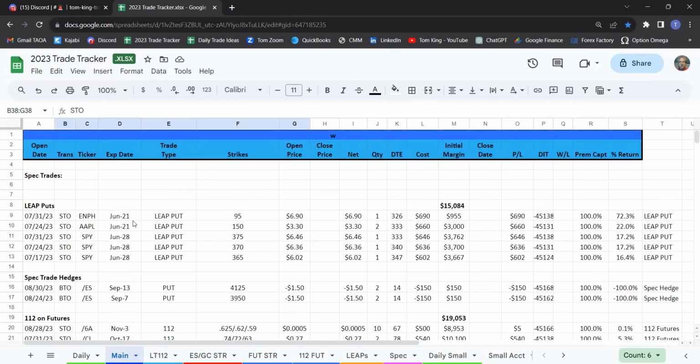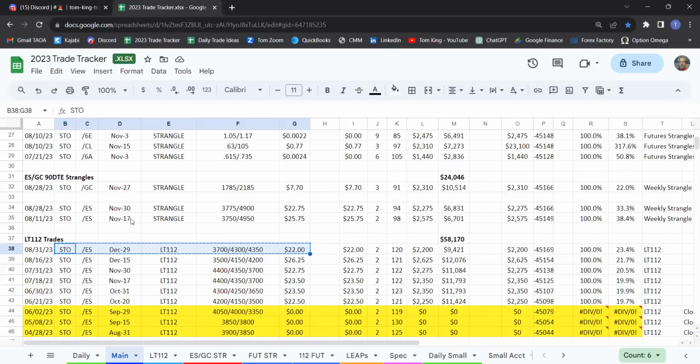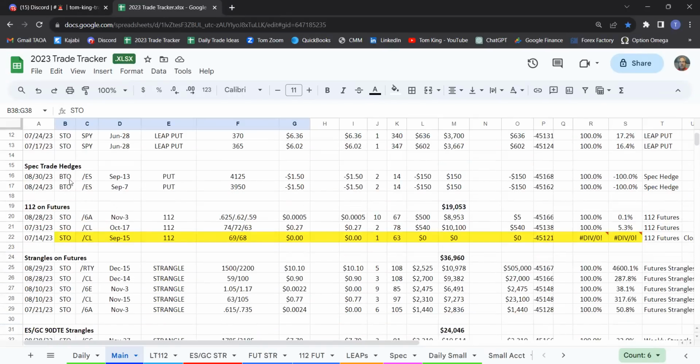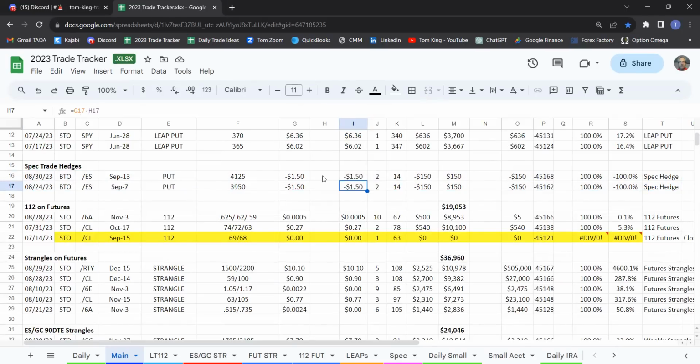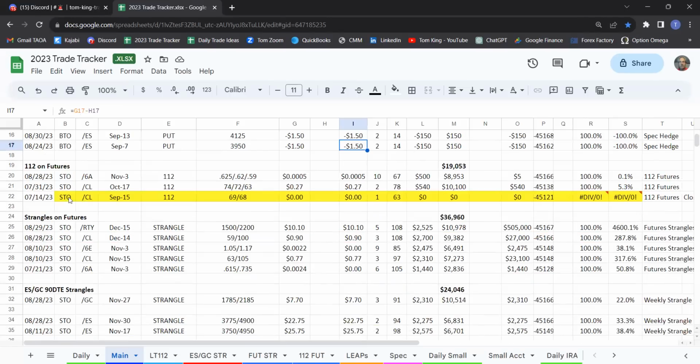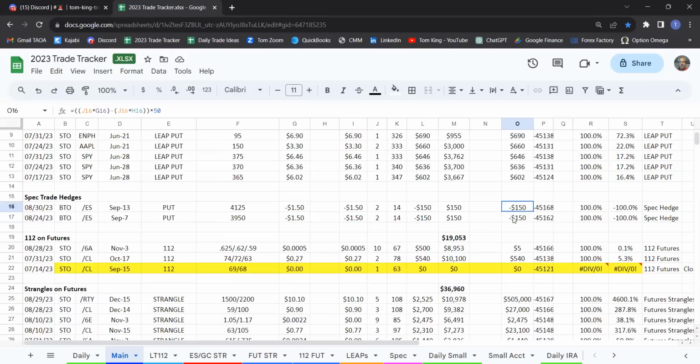But essentially that gives you a sense of how I figured out my ES hedges, which I may add more or less depending on what happens, but I assume that I'm just going to keep losing $150 a week on this account. But this $300 here represents approximately $44,000 in income if we drop 15%.